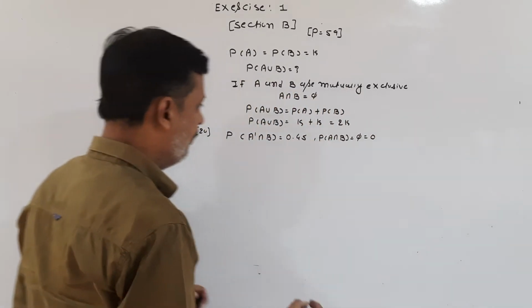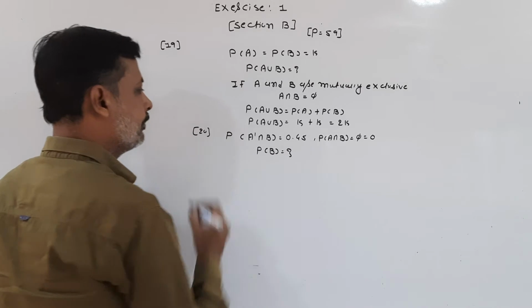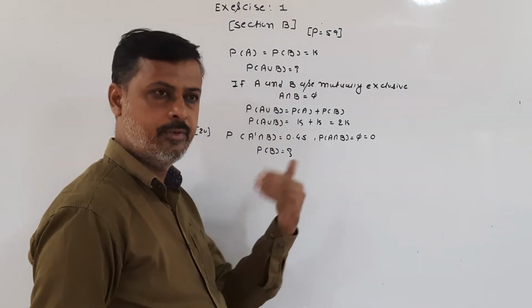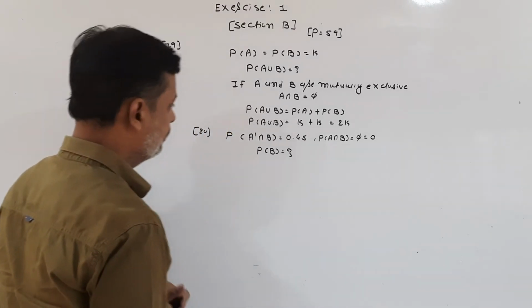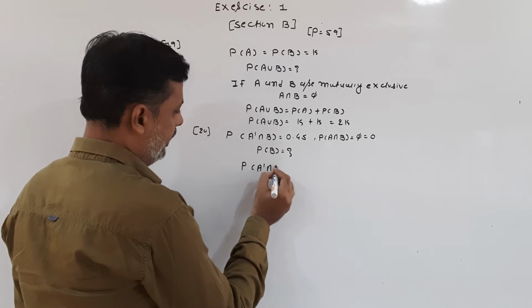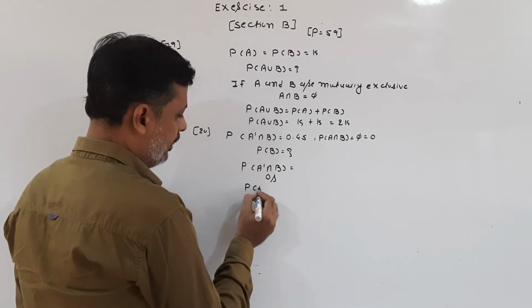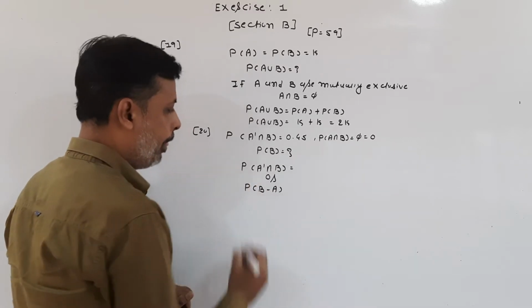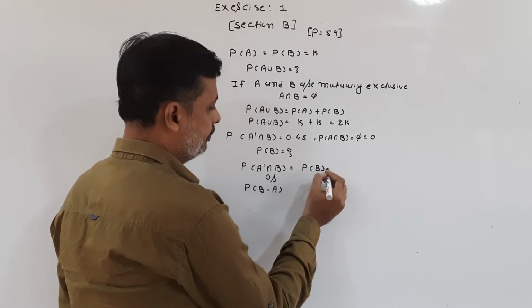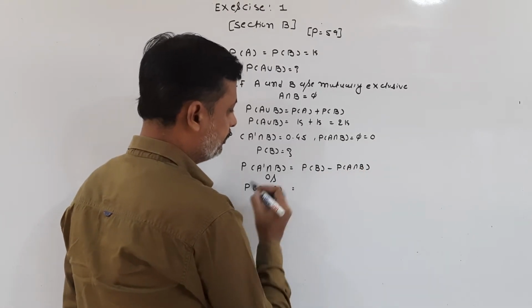We have to find P of B. So A dash intersection B is given, so we just have to apply the formula. P of A dash intersection B, or you can also say B minus A, the formula is P of B minus P of A intersection B.